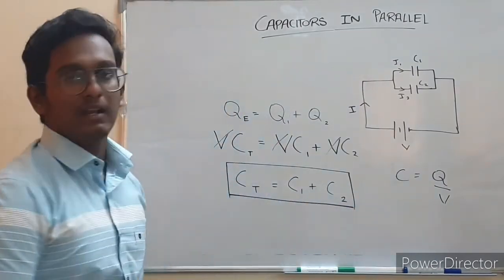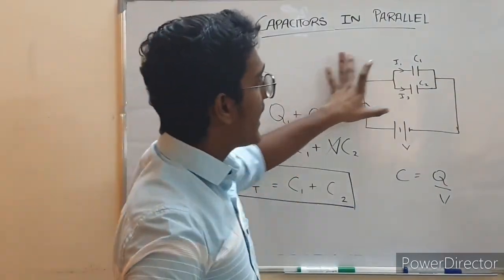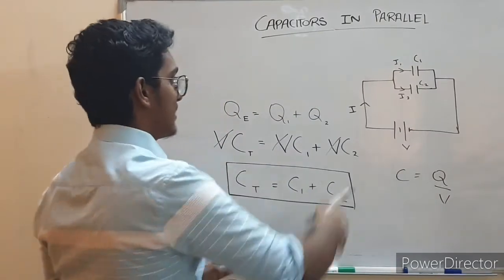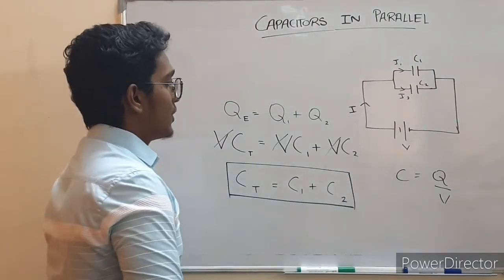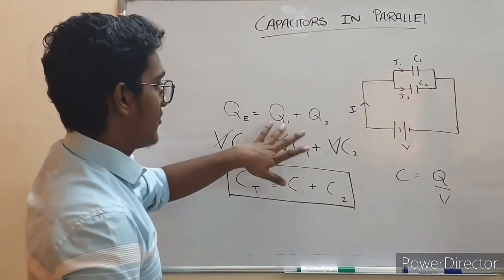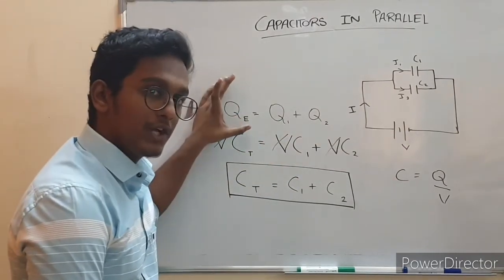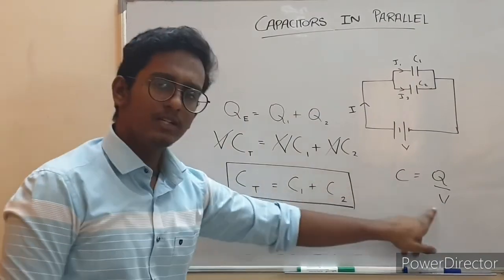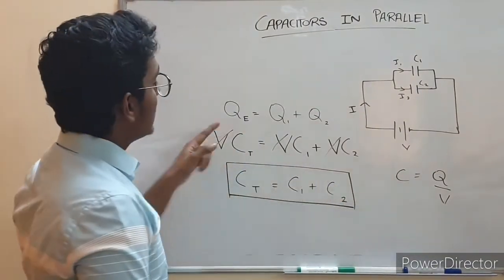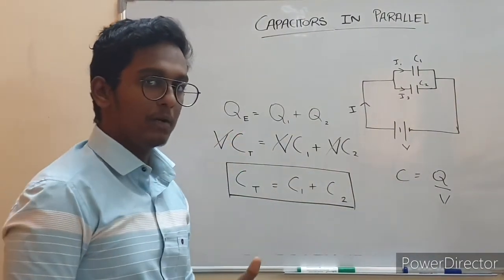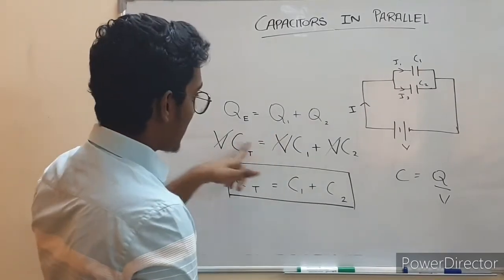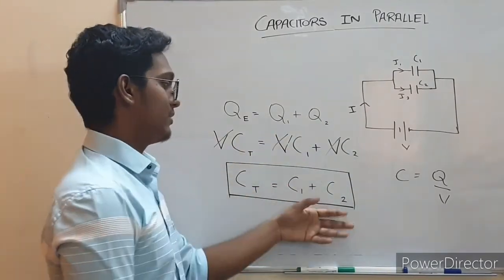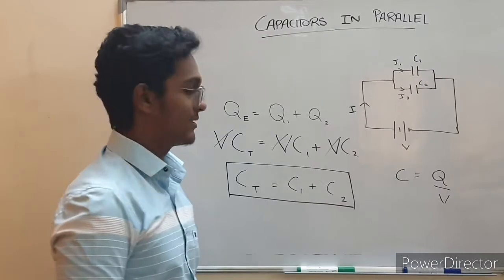This is for a parallel circuit, and you can repeat this for any number of capacitors in parallel. Here we have made use of the fact that the sum of individual charges equals the total charge stored in the circuit, and then we converted charge in terms of potentials and capacitance. And since potentials are equal in a parallel circuit, you can cancel them off and you're left with the final expression for sum of capacitors.